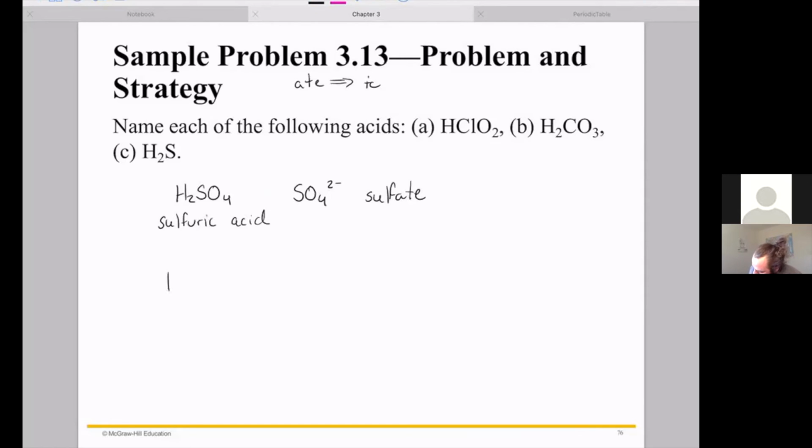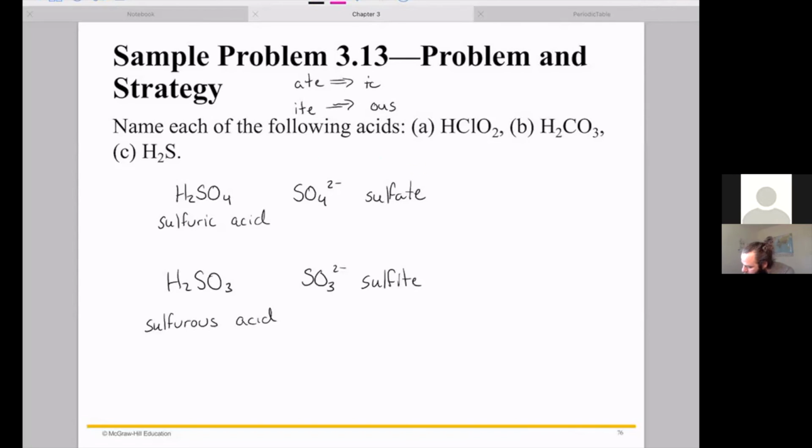But then what if I give you H2SO3? Remember, if SO4 2 minus is sulfate, then SO3 2 minus is going to be sulfite. And just like ates go to ic, ites go to ous, O-U-S. So this would be sulfurous acid.